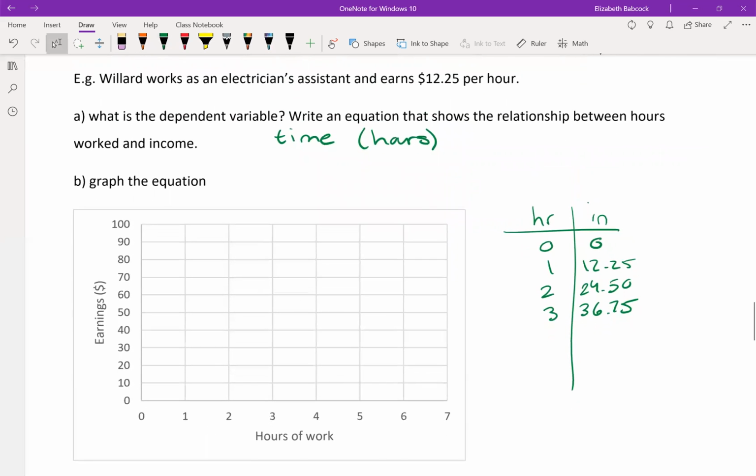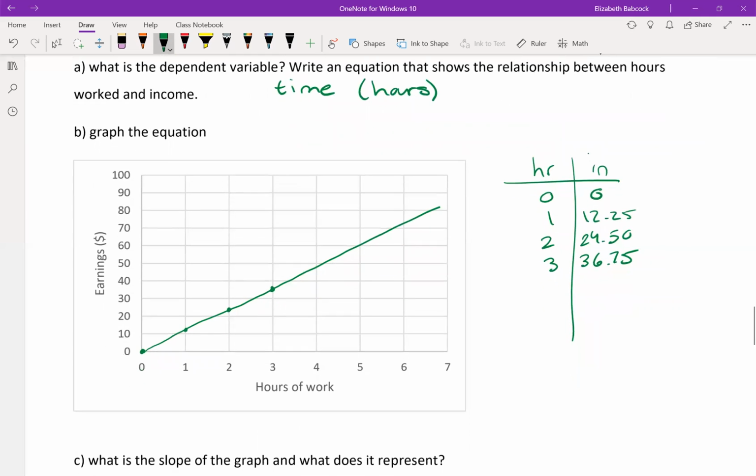Now that I have a couple points, I can put those on and connect them with a line. So (0, 0), (1, 12.25), (2, 24.5), (3, 36.75). And what I could do if I had a ruler with me is draw a straight line. That's actually not too bad.